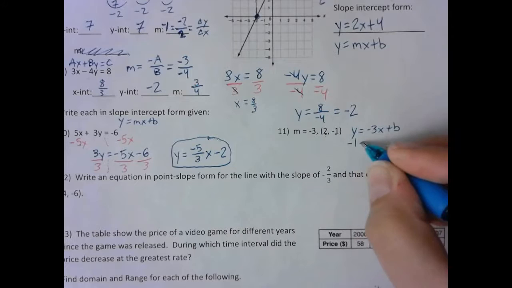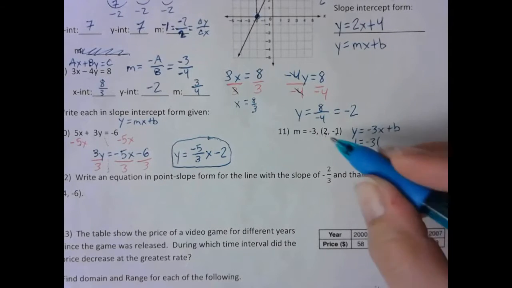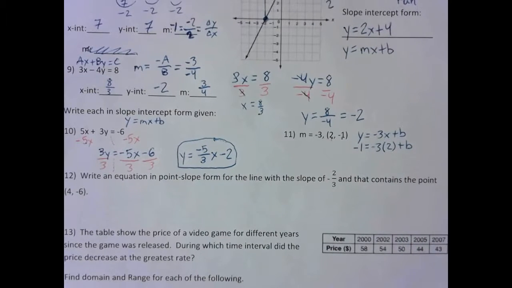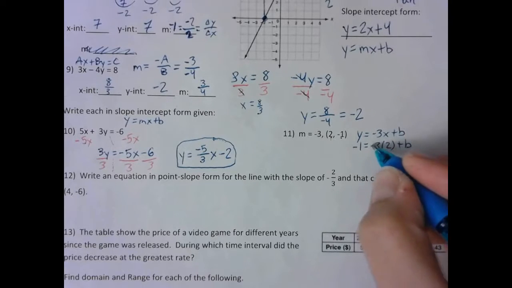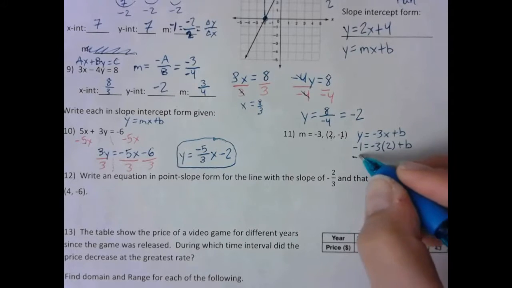So we get negative 1, because I got it from there, equals negative 3 times 2. And we still have no idea what b is. Our goal is to find b. So to solve, we need to deal with our parentheses. Negative 3 times 2 is negative 6.